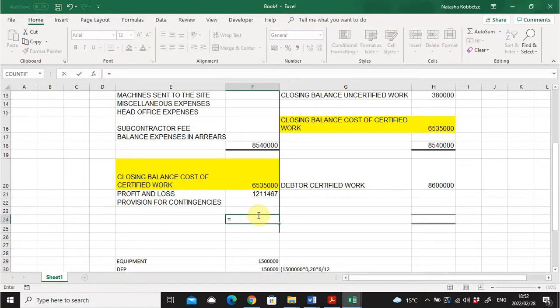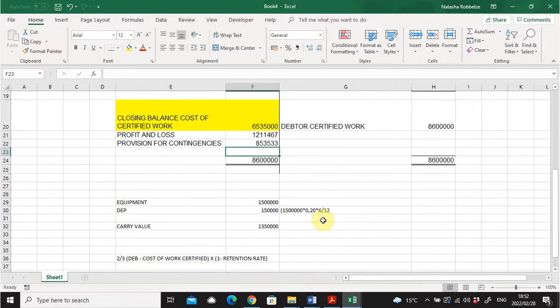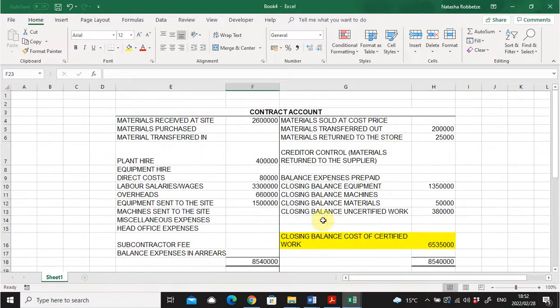So this should be equal to that, and this balancing figure will be equal to that, and then we say this total minus the two listed gives us our contingency amount of 8,535,333. Right, great. So that was how we would have approached our calculation as it relates to the contract account ledger.